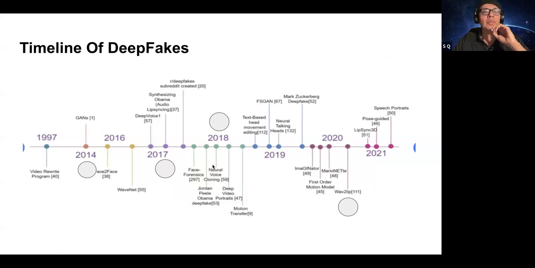In 2017, the video of President Obama came out lip syncing, essentially creating a whole new video of President Obama saying something he never said before, but using his voice and his face. Neural voice cloning proper came out in 2018, and that allowed attaching of voices to images.